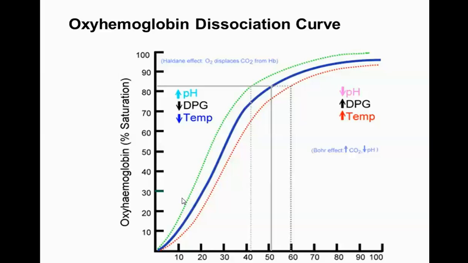What's the difference between fetal hemoglobin and adult hemoglobin? The change. Wait, what's the difference between the chains in adult and fetus?